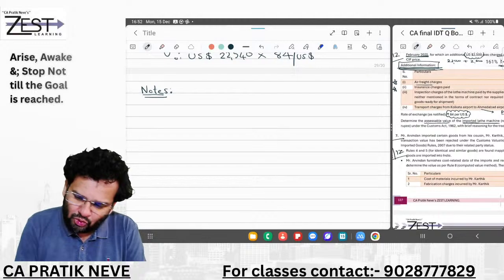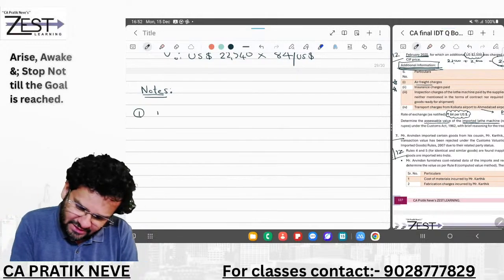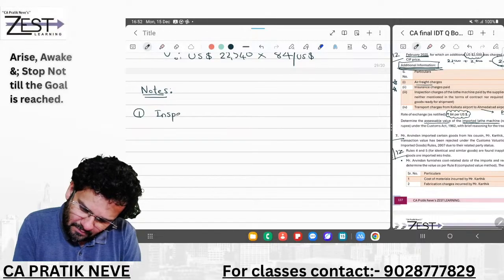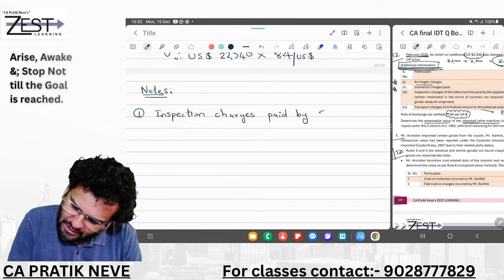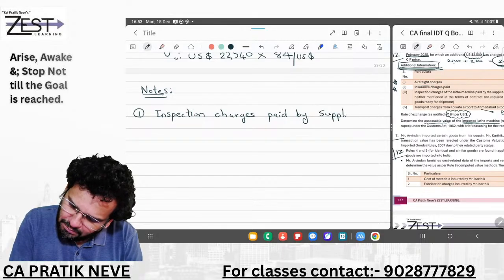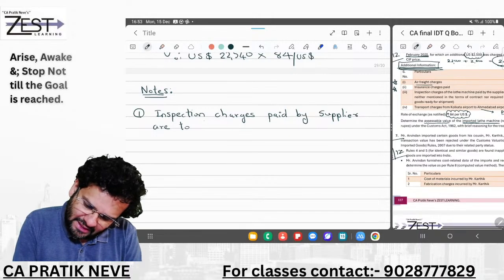Okay. So in notes, the first one, inspection charges. Inspection charges paid by supplier are to be neglected.